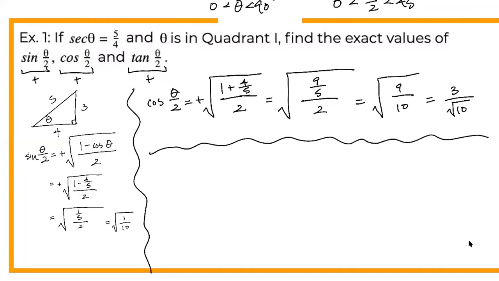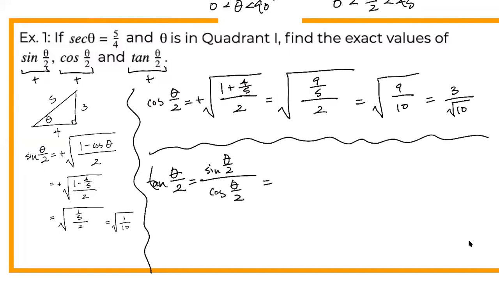And last but not least, I'm going to take the easy way out. I encourage you to do that as well. If you already found sine and you found cosine, divide them and then be on your merry way. Okay? So I'm going to take my sine of theta over 2 and divide it by my cosine of theta over 2.